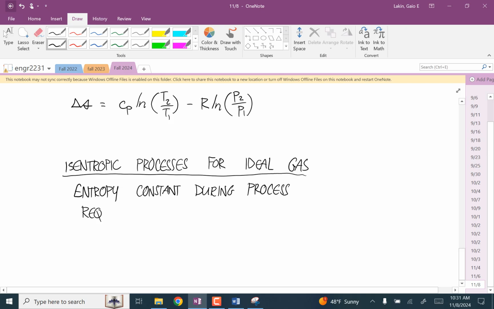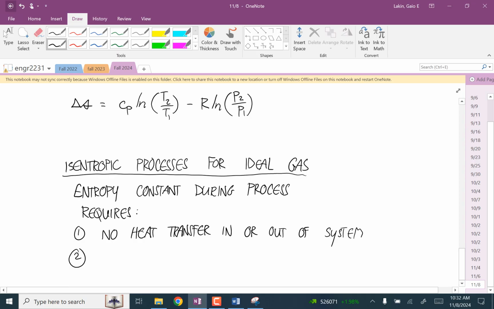What that requires, you can think of as two things. First, there's no heat transfer into or out of your system. And second, it's internally reversible.